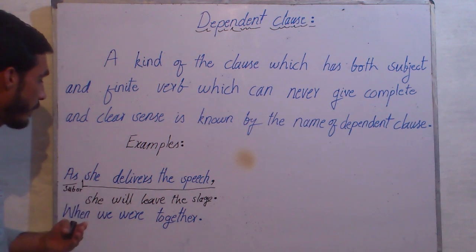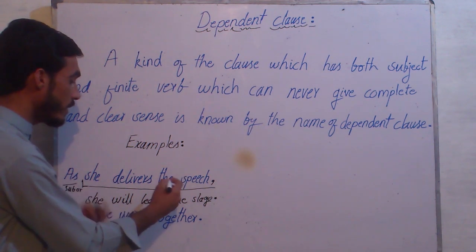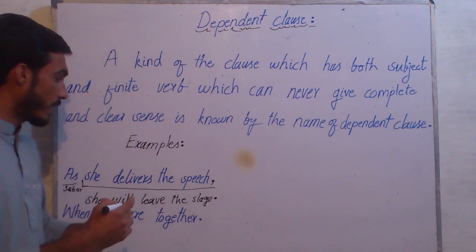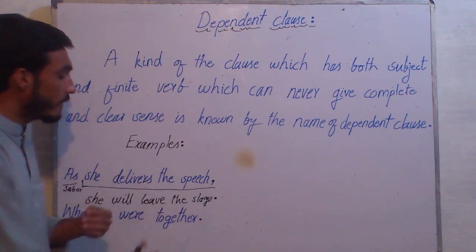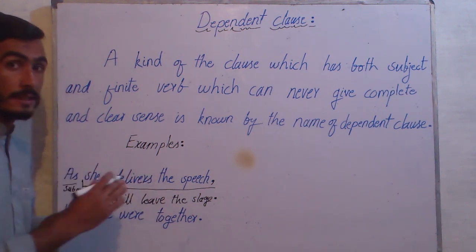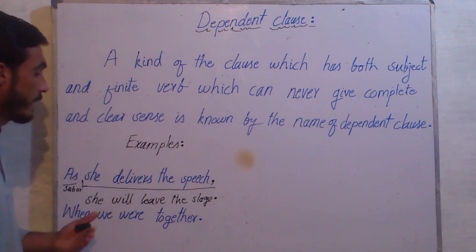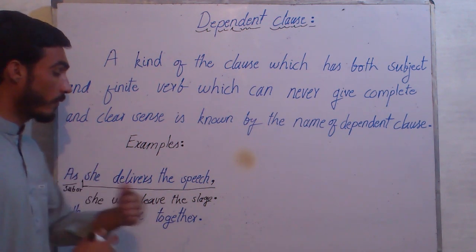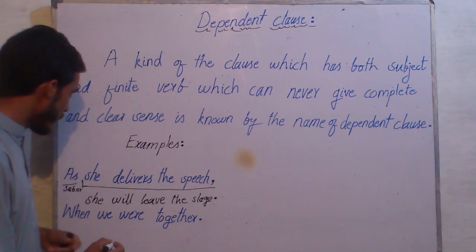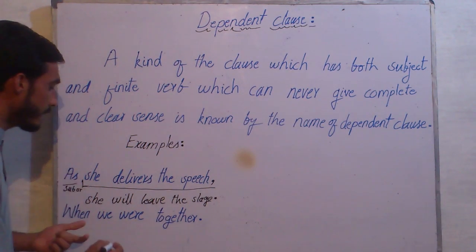Now it gives clear and complete sense. What will she do after delivering the speech? She will leave the stage. Now it is completed, and it does not need anything else to give clear and complete sense.